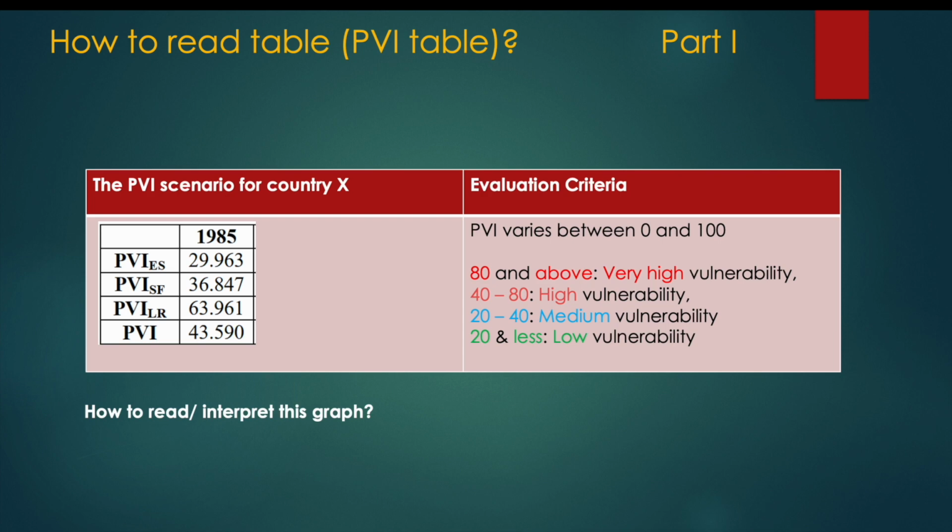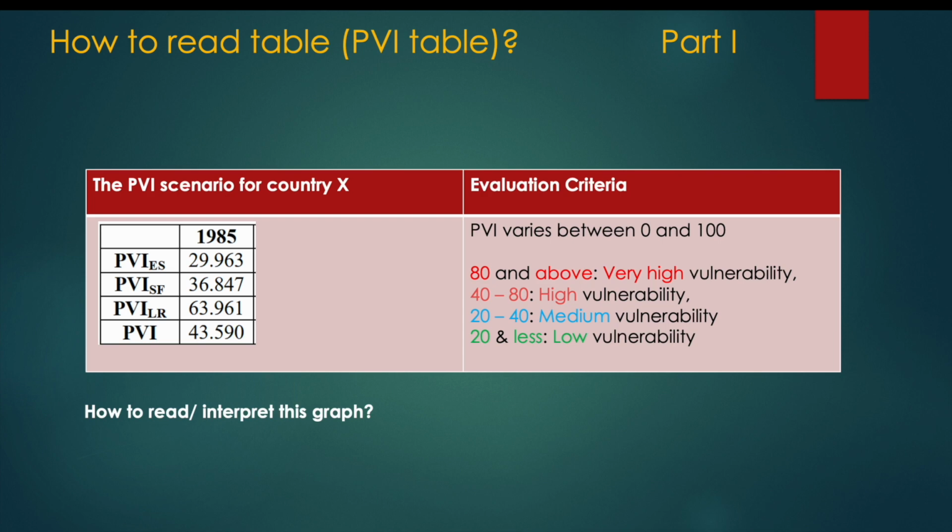PVI varies between 0 and 100, where 80 and above means very high vulnerability. 40 to 80 means high vulnerability. 20 to 40 means medium vulnerability, and 20 and less than 20 means low vulnerability.